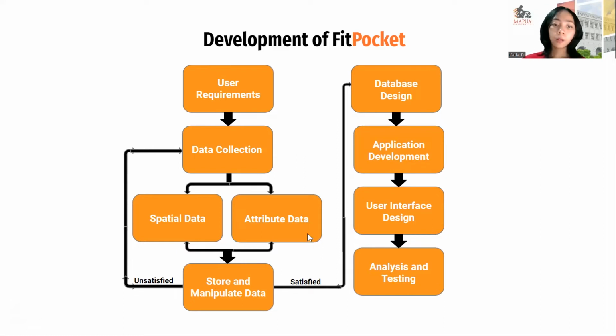If our developing team is unsatisfied with the data collected, we will go back to data collection until our developing team receives their desired data for the start of database design and starting of our development of Bitbucket.